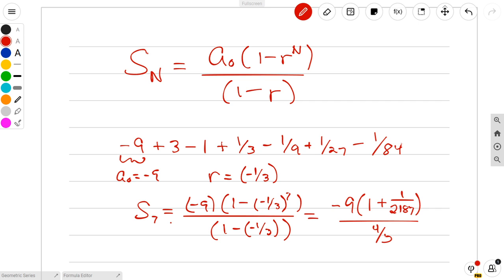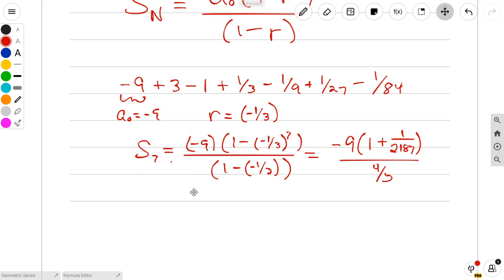All right. And I think you should be able to figure out what that solution is going to end up being equal to for this partial sum formula.